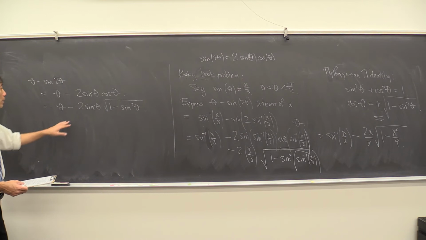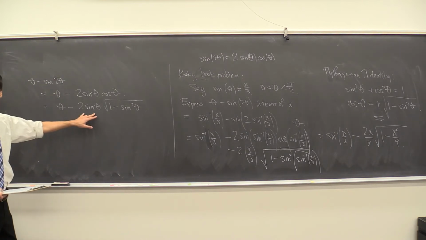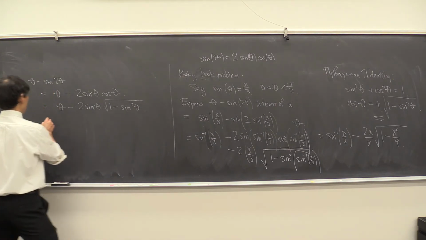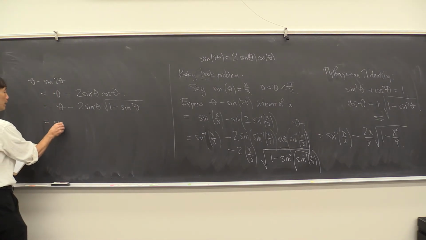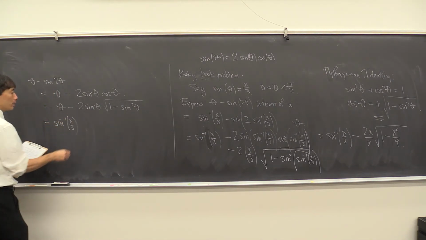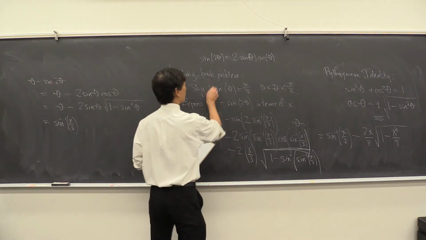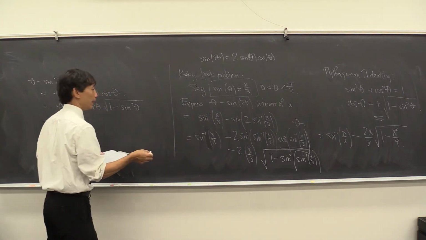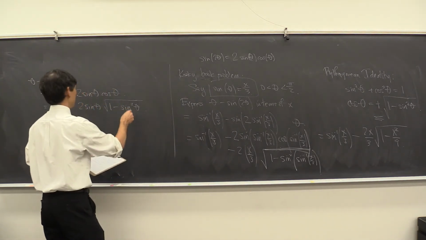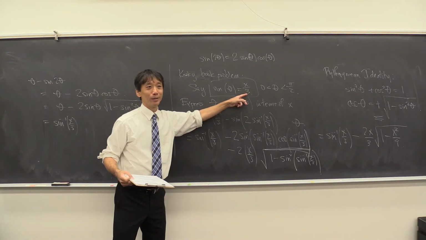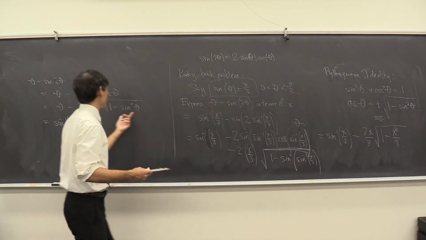Okay. So this is this, right, and theta is sine inverse of x over 3. And we know that sine of theta is x over 3.